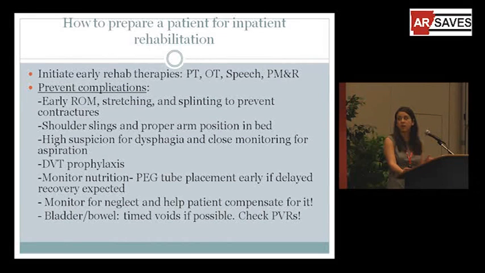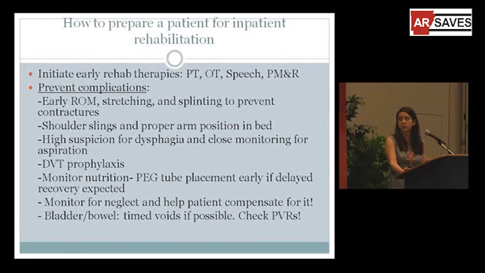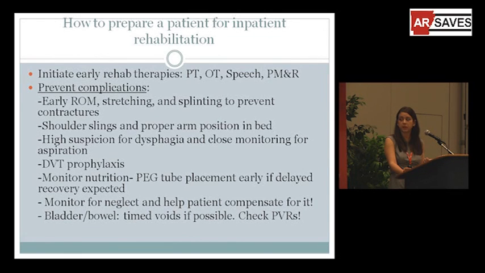It needs to be done early on during the acute hospital stay so we don't hinder the actual rehab process. DVT prophylaxis to prevent DVT and pulmonary embolus. And then you want to monitor their nutrition again, with PEG tube placement early if delayed recovery is expected.